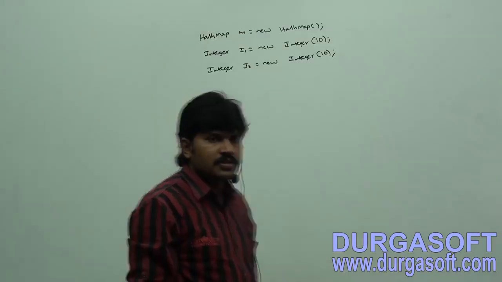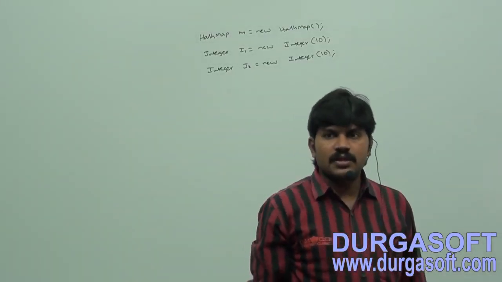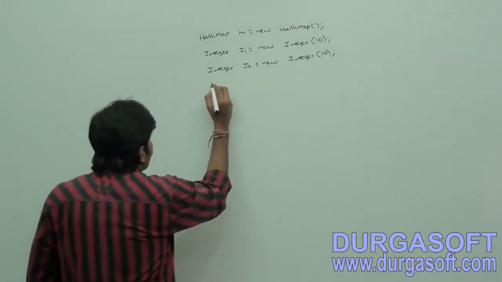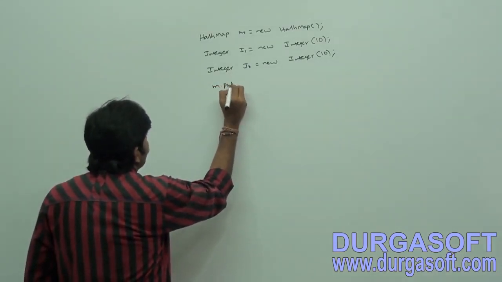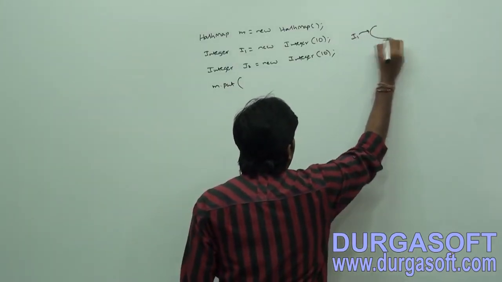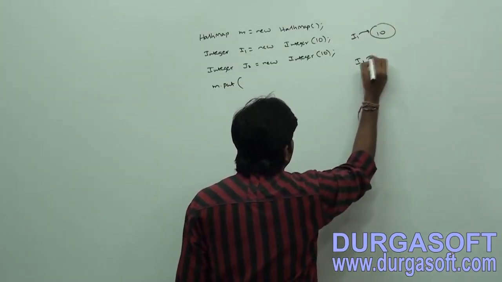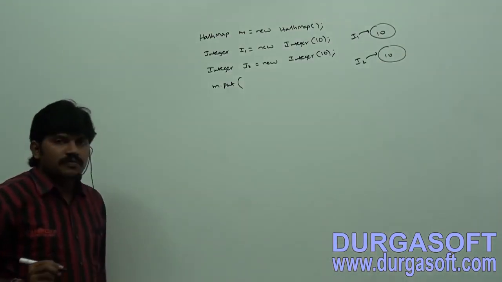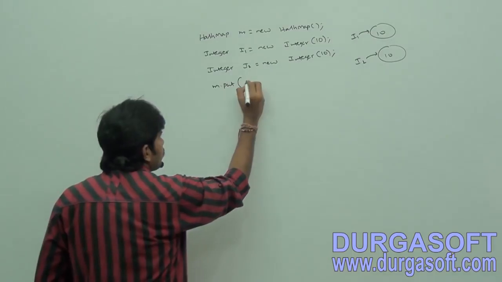Sir, have you observed I1 points into 10, I2 also points into 10. m dot put of, I want to add one key value pair.